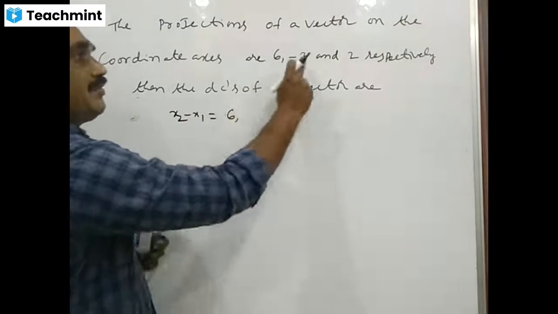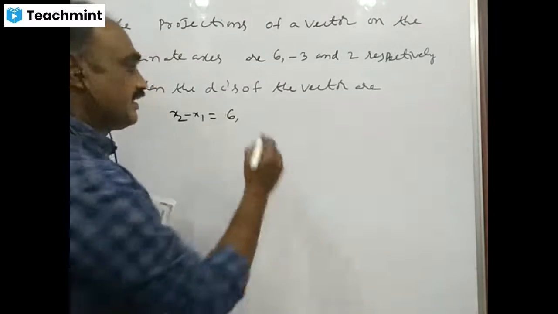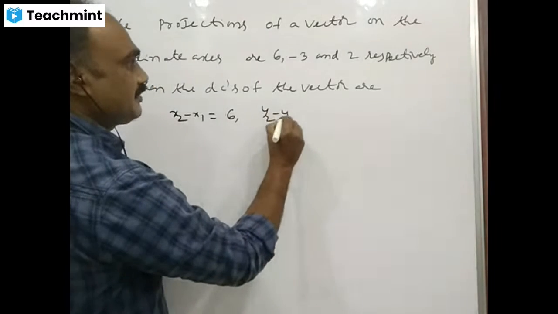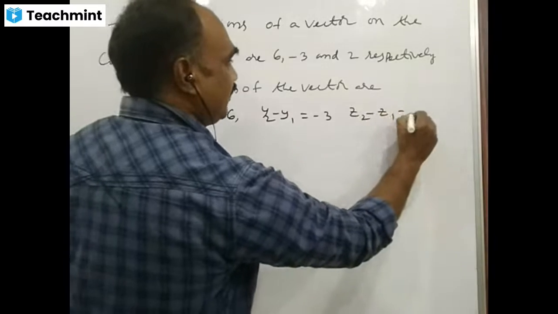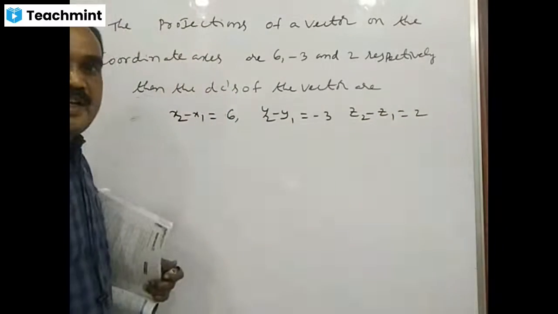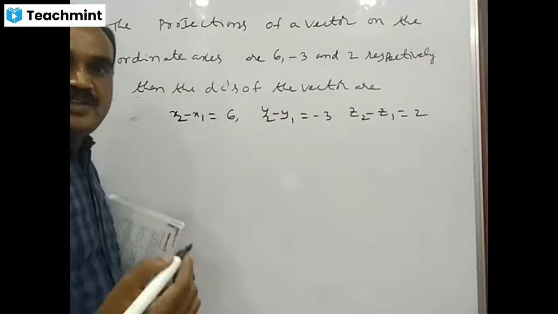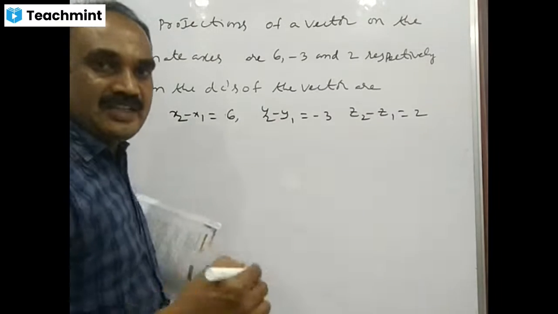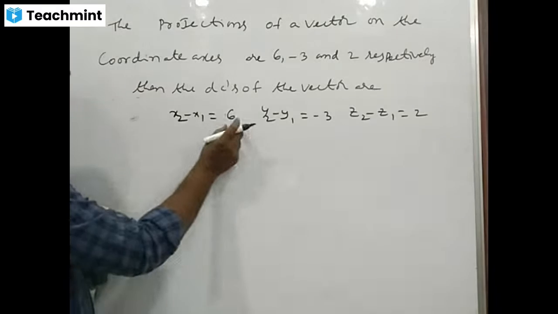Coordinate axes means x-axis, y-axis and z-axis. The projection on the y-axis, y2 minus y1, is equal to minus 3. Next, z2 minus z1 is equal to 2. Friends, the direction ratios of the line joining x1, y1, z1 and x2, y2, z2 are x2 minus x1, and so on. These are direction ratios.